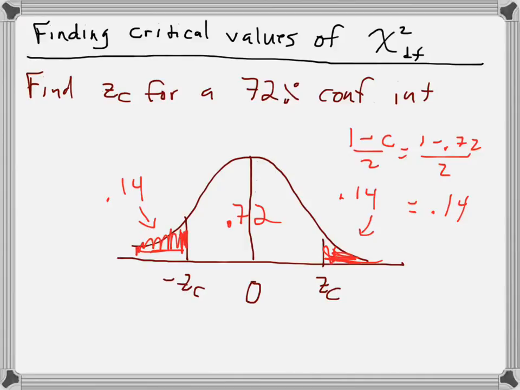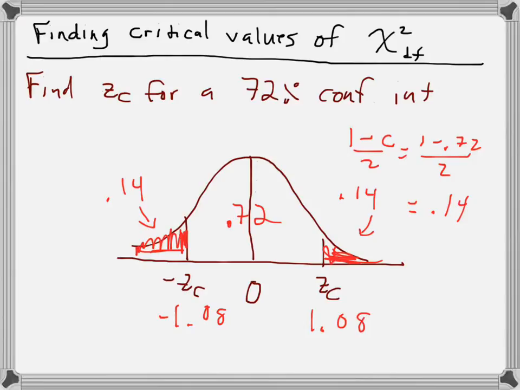Technically I looked at 0.14 and found negative 1.08, but by symmetry the other value is 1.08. So this was our critical value of z, and for a normal distribution, which is perfectly symmetric, we just took the negative and the positive value, 1.08.